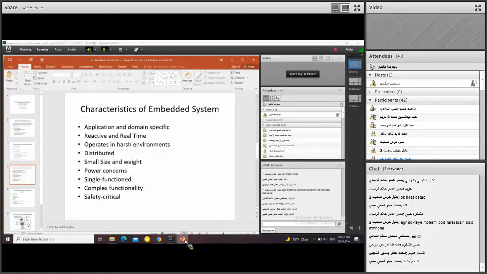The other characteristic of an embedded system is that it is reactive and real-time.